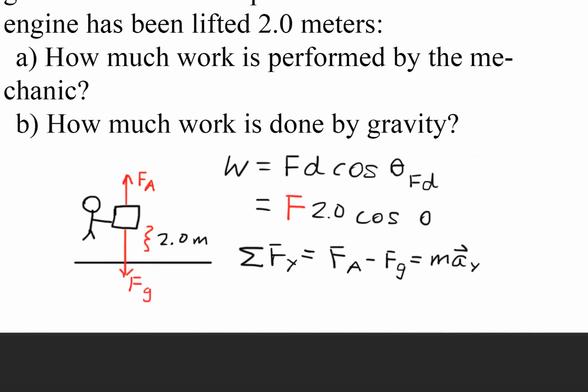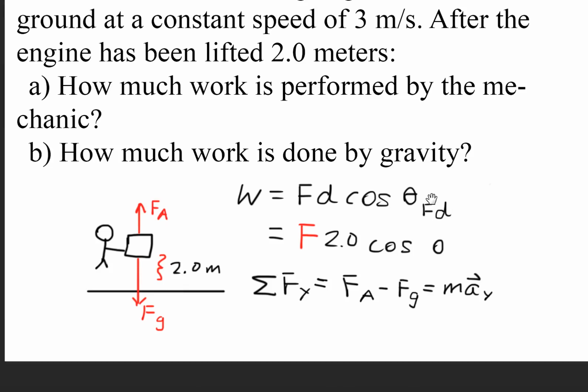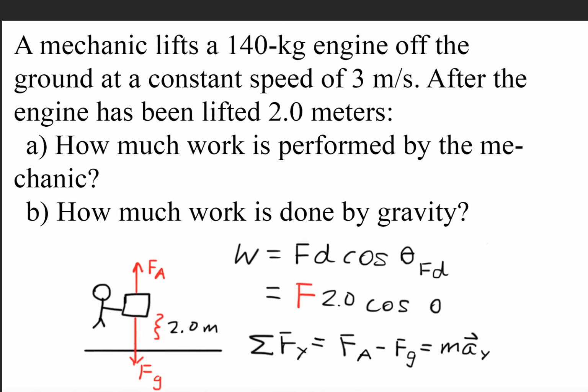Now, the question is the object accelerating? The object is not accelerating, and this is because of this statement right here. A constant speed of 3 meters per second. If it's going at a constant speed, that means it is not accelerating.